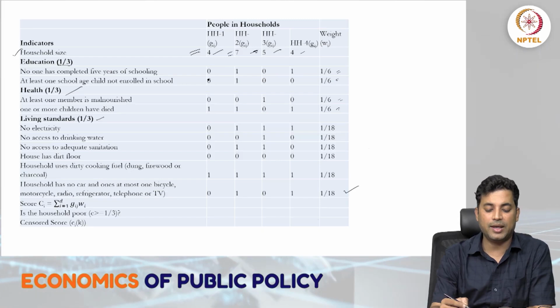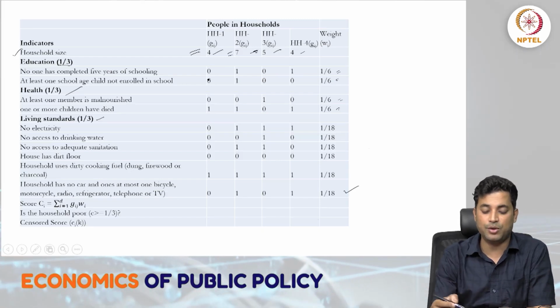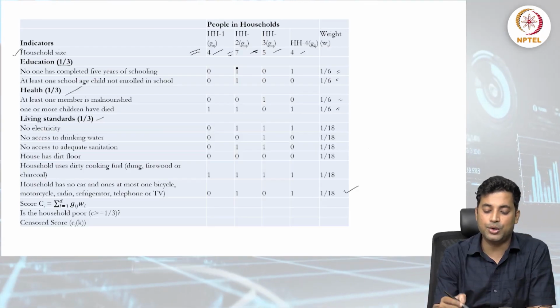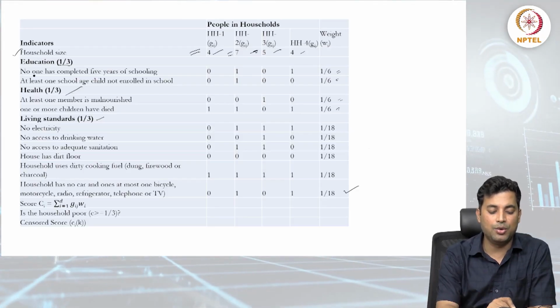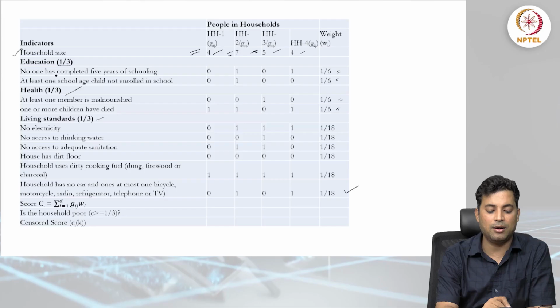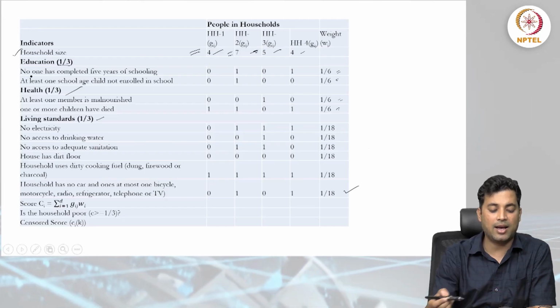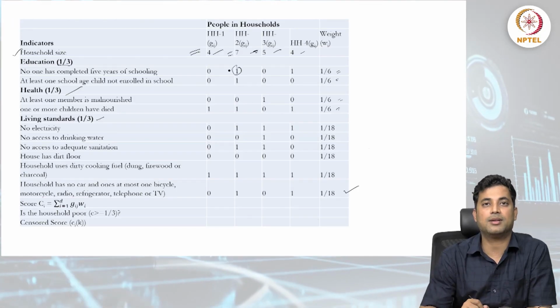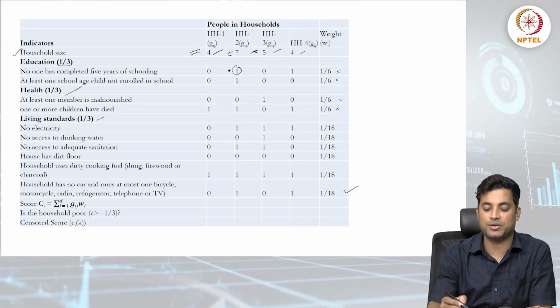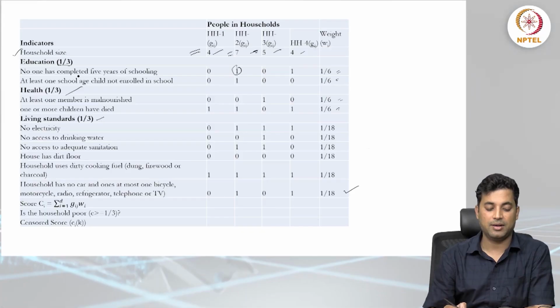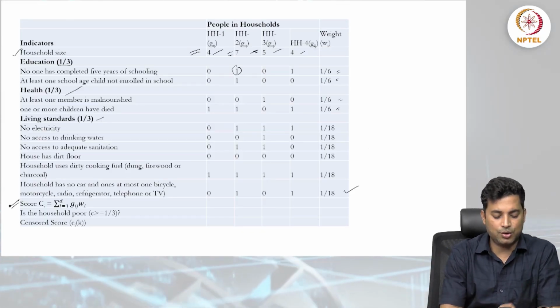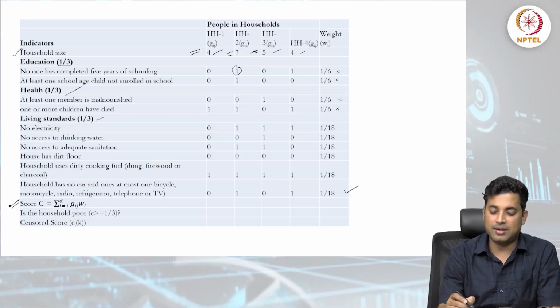A 0 means the response is no, but 1 means yes. Say in household 2, the response is that no one has completed 5 years of schooling, and therefore this is considered a positive response in this respect. So here it is important to calculate the score C, which is the value.